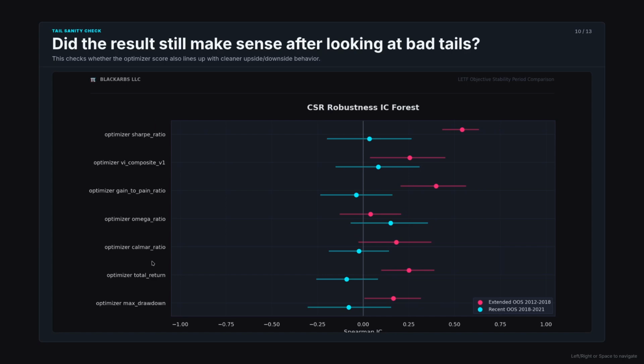We're looking at the common sense ratio promoted by Laurent Bernoux. And we can see that the overall rankings are still relatively stable, although in the shorter period, most of them move to a negative or near zero Spearman information coefficient, which is pretty interesting to me.